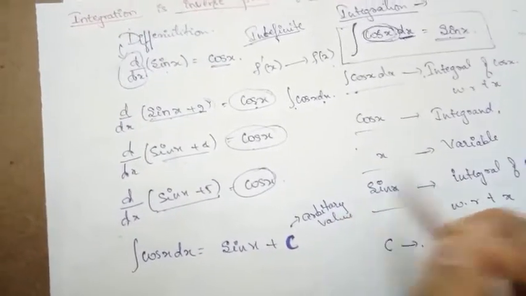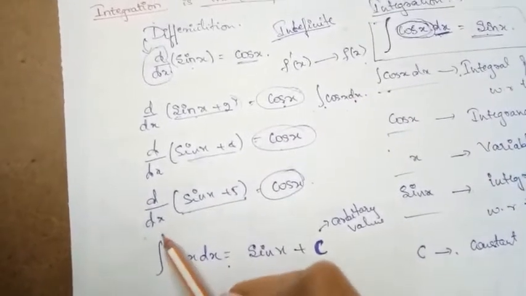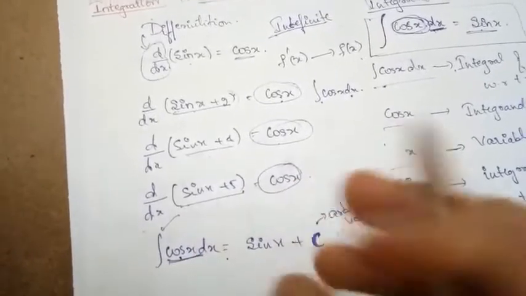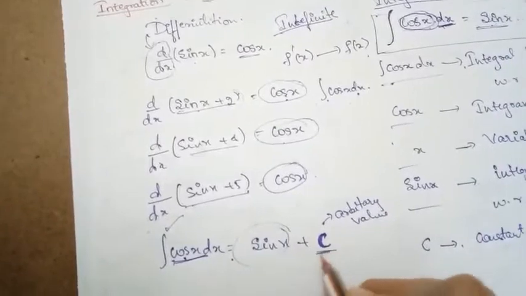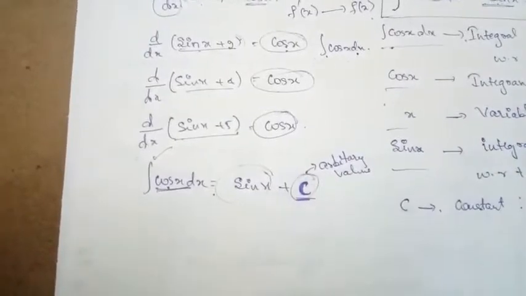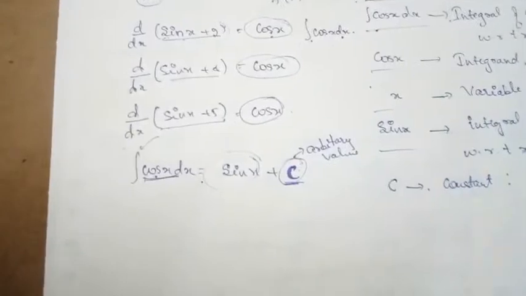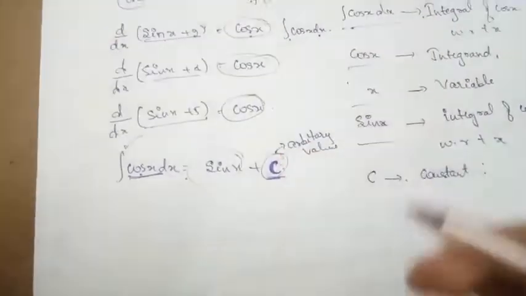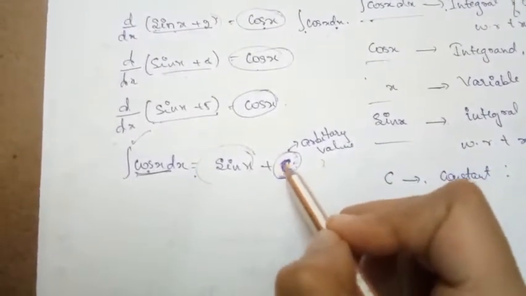It might be equal to any one of these values. So when we talk about the integration of any function or any integrand, the integration is always equal to some f of x plus c, and this c is always there in the integration, because we cannot interpret what the value of c is, since it is an indefinite integral. We can find the value of c when we talk about the definite integral. In a later section of this integration we will come to know how we are going to find the value of this constant c.